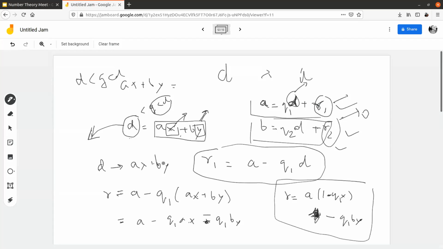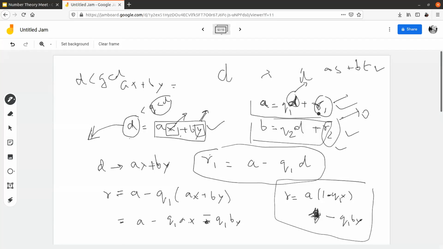Then I get the contradiction that R1 and R2 are also representable in this form, like certain AS plus BT, right? Now R1 and R2 are lesser than D, because they are the remainders I get when I divide A and B respectively by D.